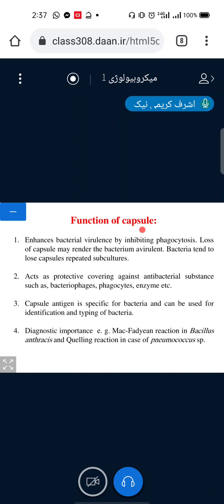Function of capsule. Number one: capsule enhances bacterial virulence by inhibiting phagocytosis. Yes, capsule can enhance bacterial virulence. Why? Because of antiphagocytic activity, because of inhibiting phagocytosis.